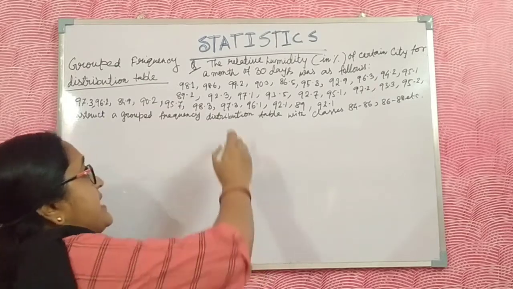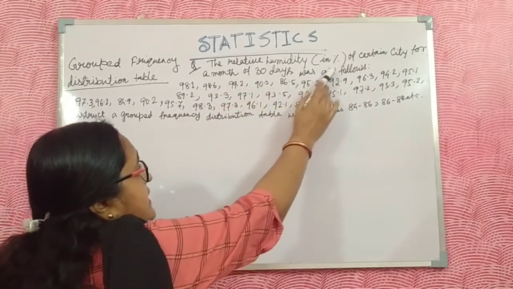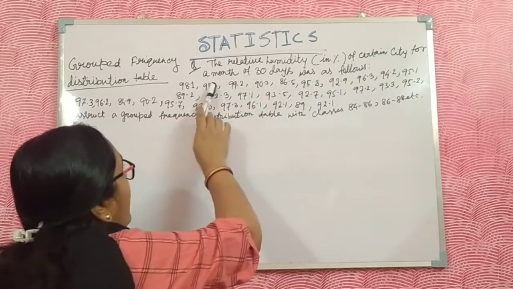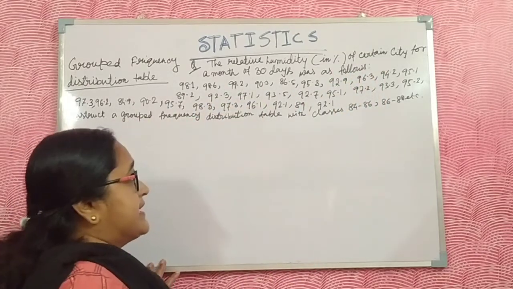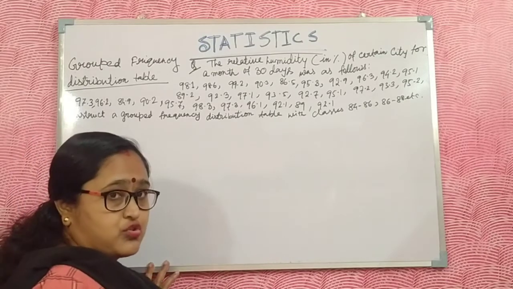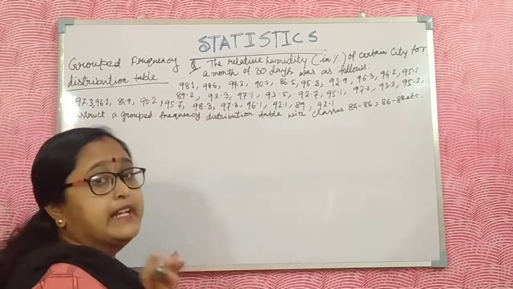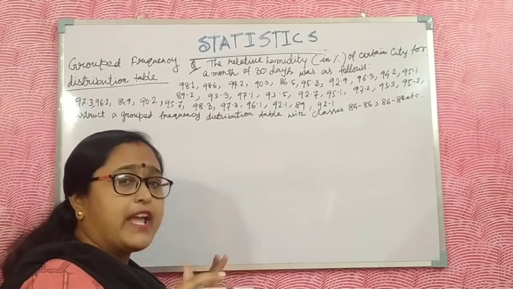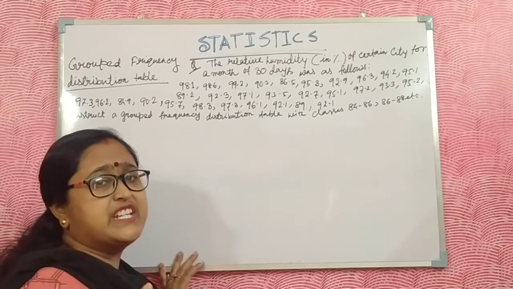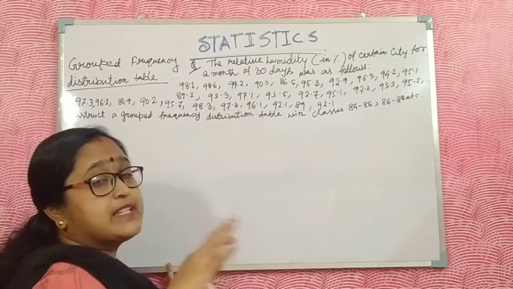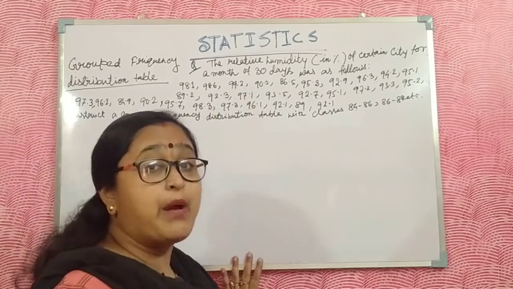The relative humidity in percent of a certain city for a month of 30 days was as follows. In 30 days, the relative humidity is collected.